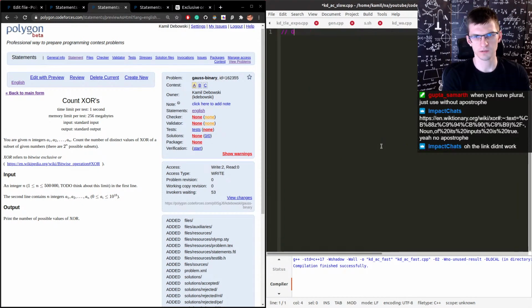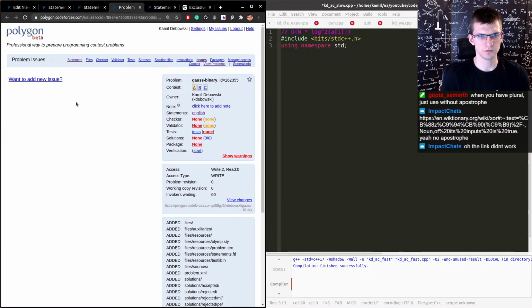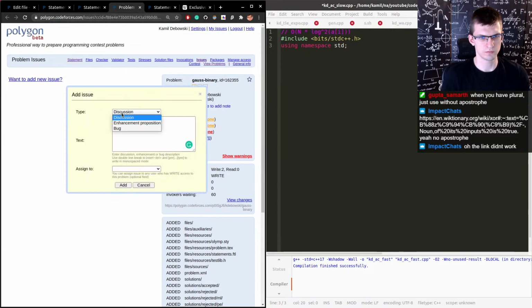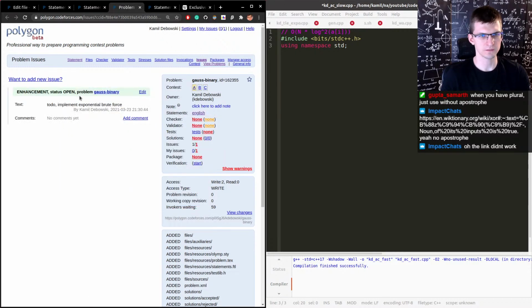Here we will have n times, I think, log squared. This has to do with brute force. Not to forget about this.